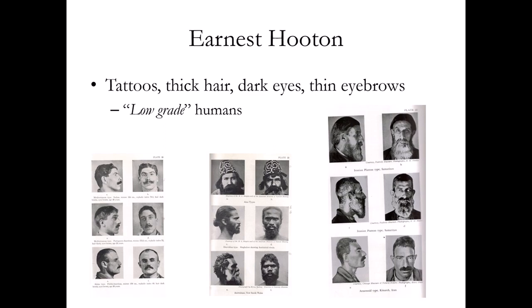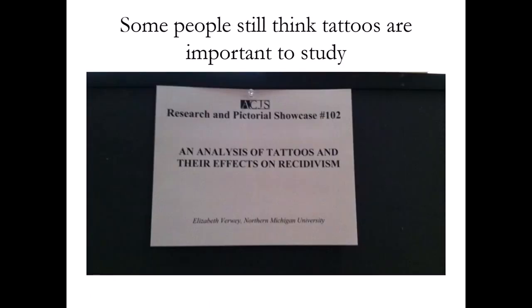In today's day and age, I don't think that many of us would really buy the idea that a tattoo is going to cause someone to commit crimes, right? You guys are probably familiar with the idea of correlation versus causation, right? Just because you have a tattoo doesn't mean that you're going to be a criminal. However, there's probably a lot of criminals that have tattoos, right? So that's something to think about.